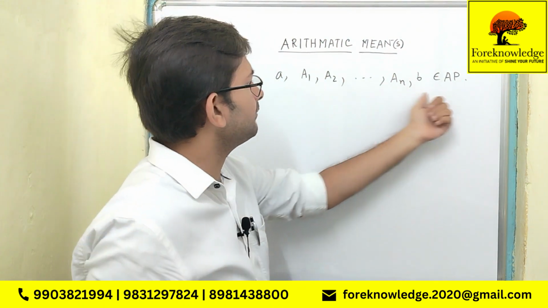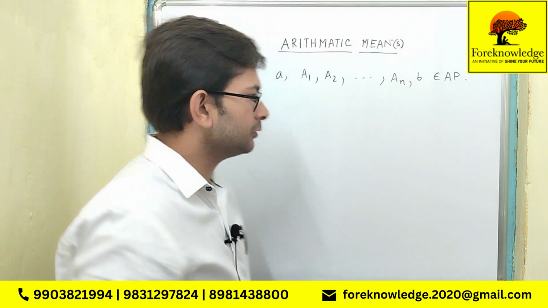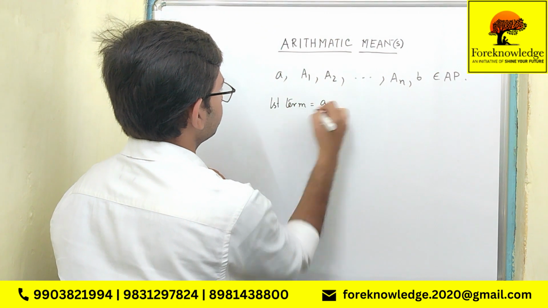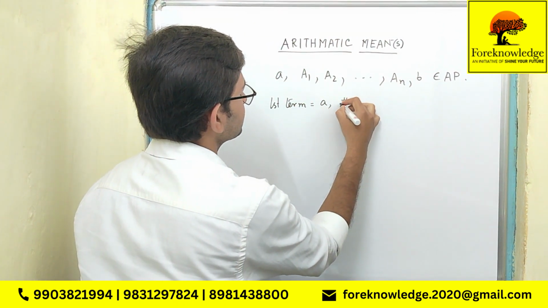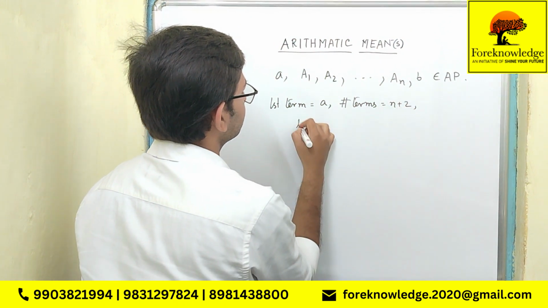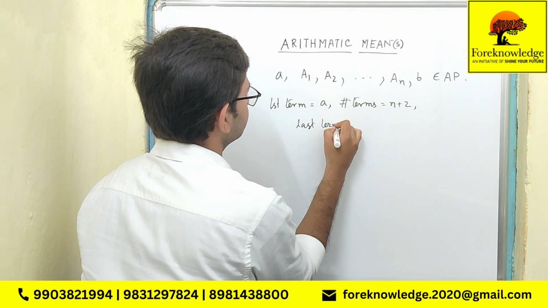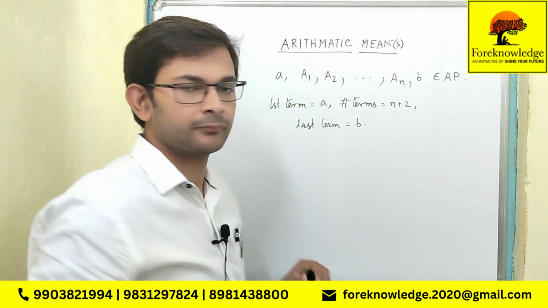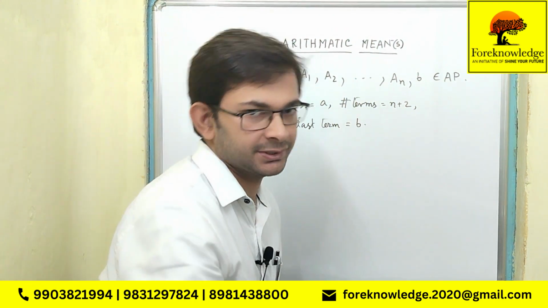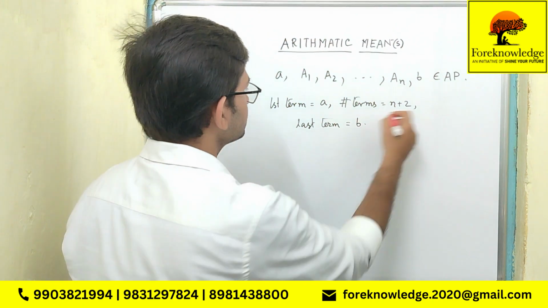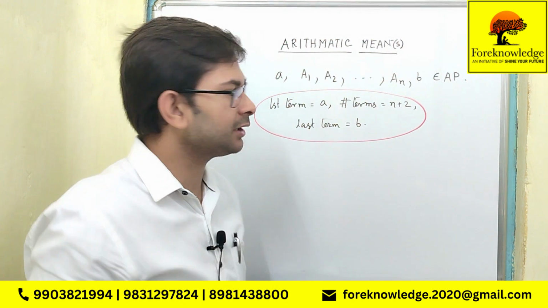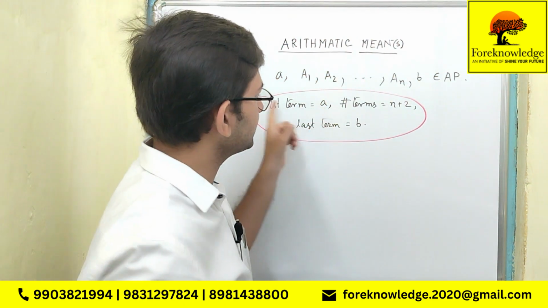So first term equals A, number of terms equals n plus 2, and last term equals B. Now we have to find the common difference in this AP using these three pieces of information.